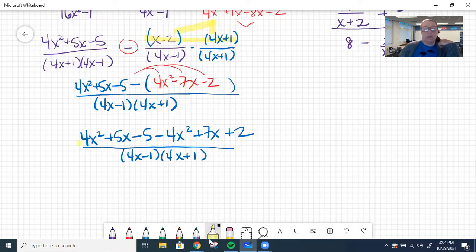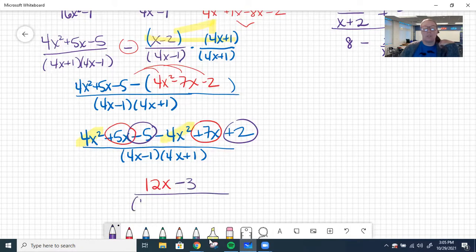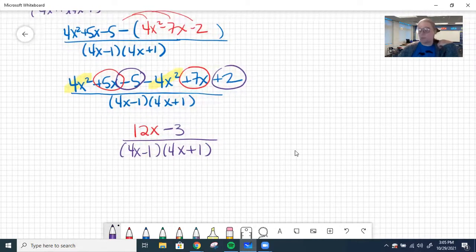All right, so I see 4x squared and a minus x squared. Those are opposites. And then I have a plus 5x and a plus 7x. That's going to be 12x. And I have a minus 5 and a plus 2. That's going to be minus 3. And I'm going to just leave my denominator alone. I do notice that for the 12x minus 3, there's a greatest common factor of 3.